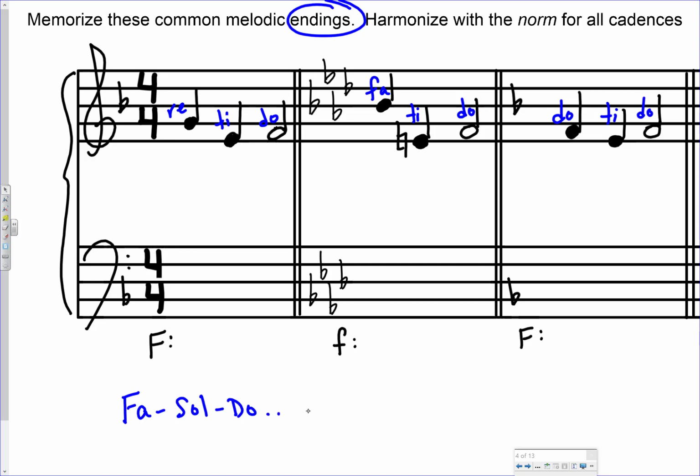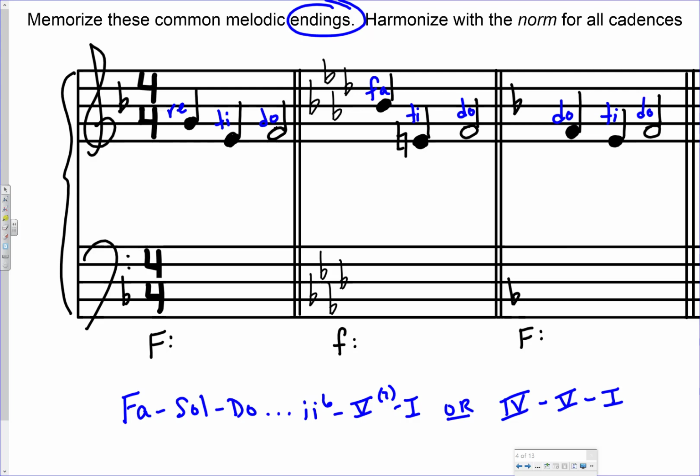The chord progression would be 2-6 to 5 to 1, or 4 to 5 to 1.